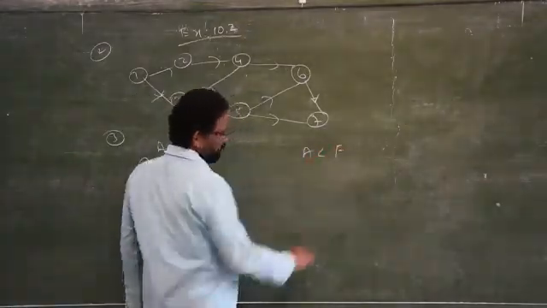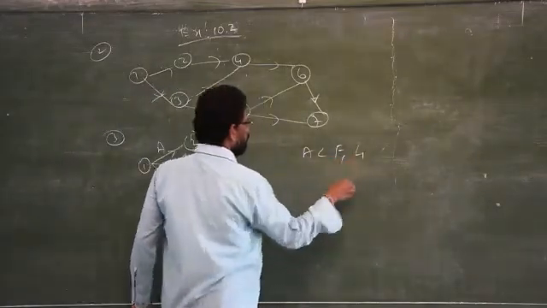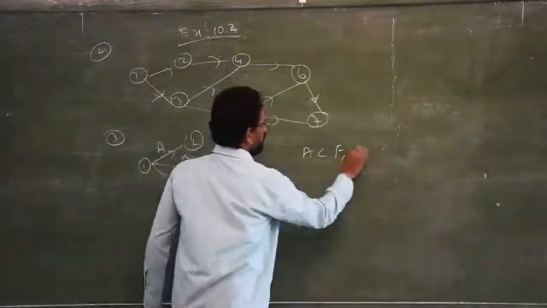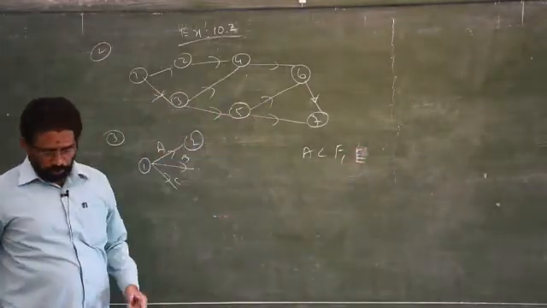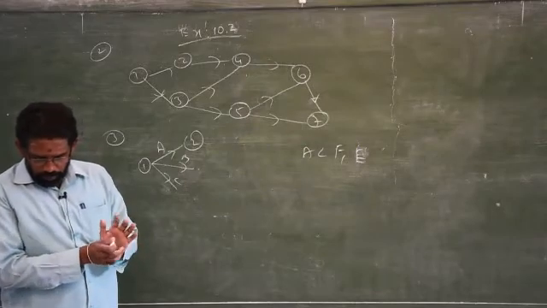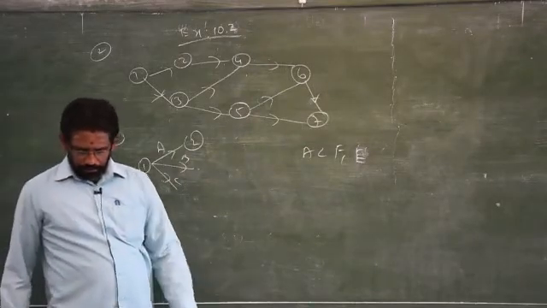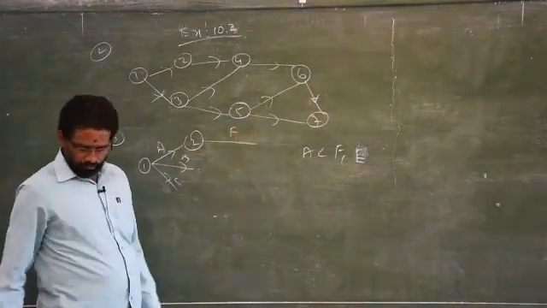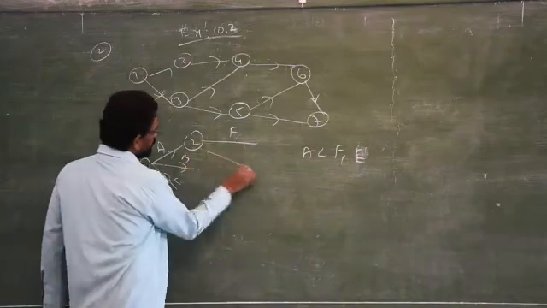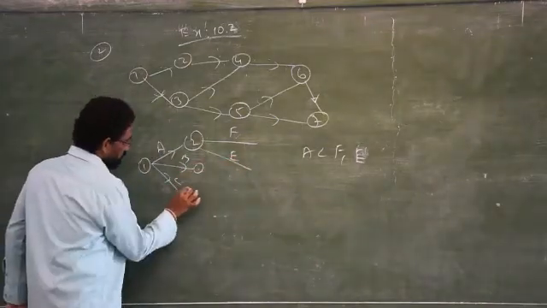After completing the activities A, then from A you have to start which one? You have to start the activities E, F. That is F and this one as E. Then this is completed, this can also be completed.